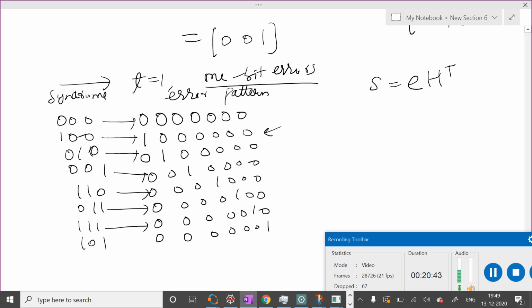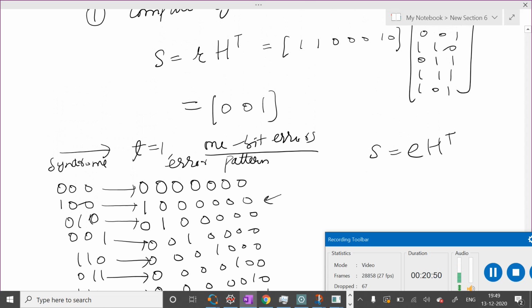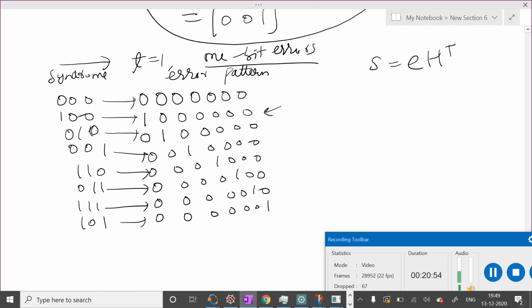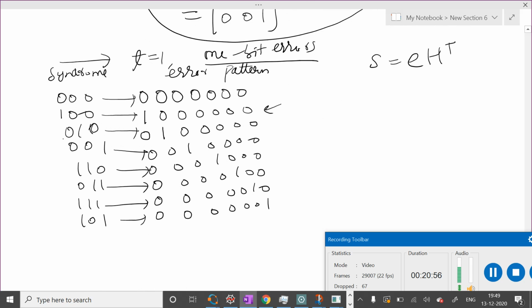So far so good. Now what does decoding mean? Decoding means: what is the syndrome you got for the received vector, 0 0 1. So you check here which error pattern has syndrome 0 0 1. This one, right? Hence this error pattern has occurred.